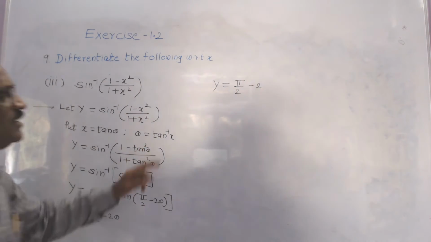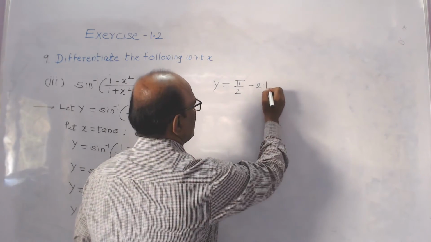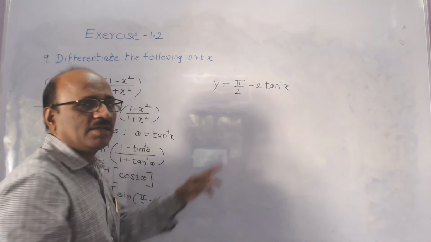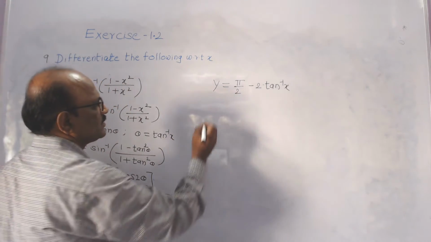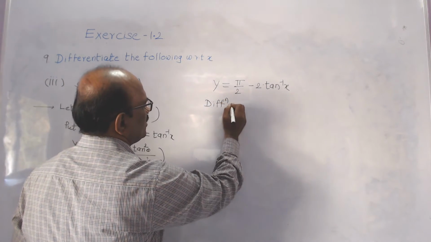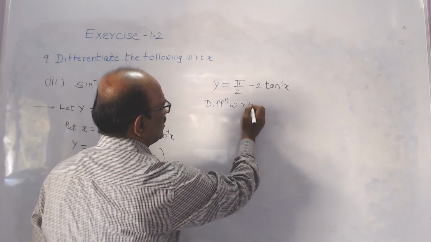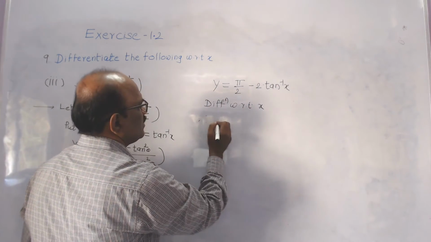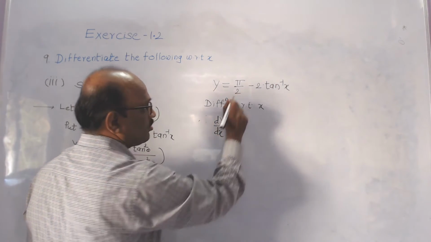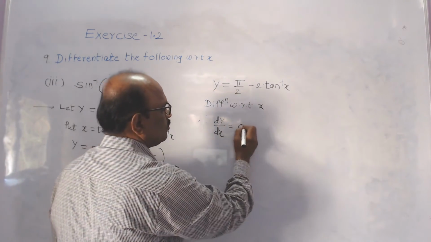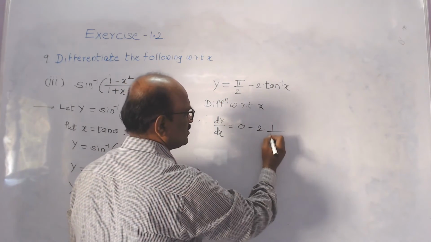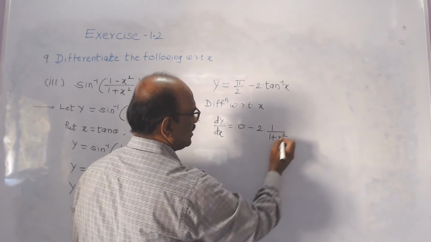What is theta? Theta is the tan inverse of x, so y equals pi by 2 minus 2 tan inverse of x. Now differentiate this with respect to x. This is a very simple form. Hence dy by dx: the derivative of the constant pi by 2 is 0, 2 is a multiplicative constant, keep it as it is, and the derivative of tan inverse of x is 1 upon 1 plus x square.